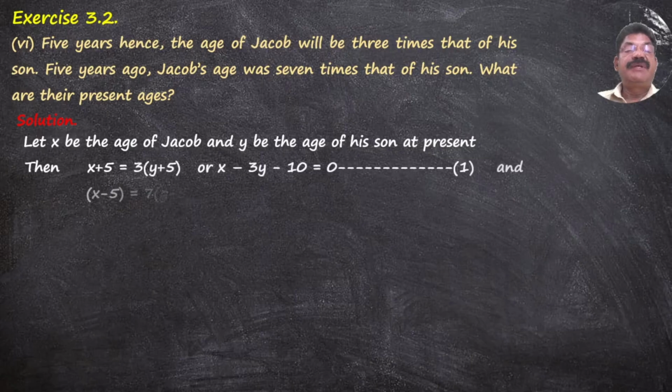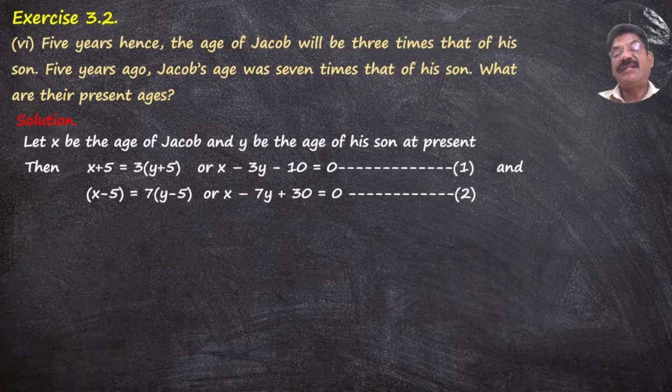Now, what we are given, x plus 5 is equal to 3 times y plus 5. That is, after 5 years, their ages will be x plus 5 and y plus 5, but the father's age is 3 times that of his son. Therefore, when you put it in equation form, x plus 5 is equal to 3 into y plus 5, or x minus 3y minus 10 equal to 0.